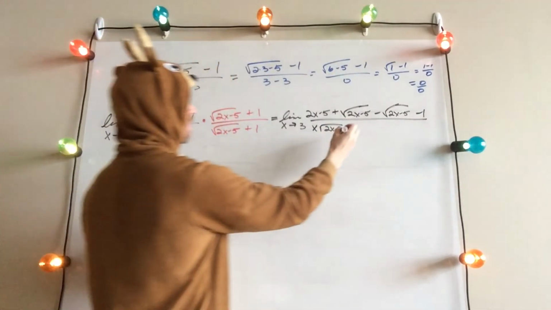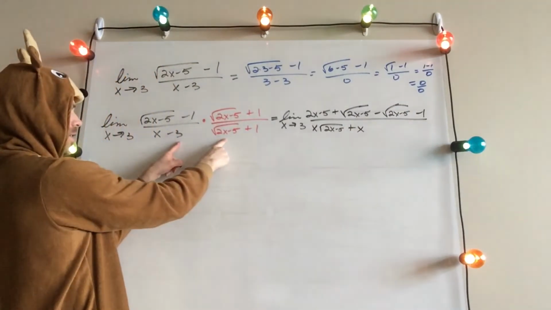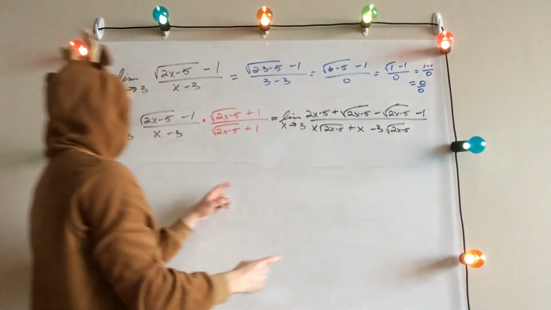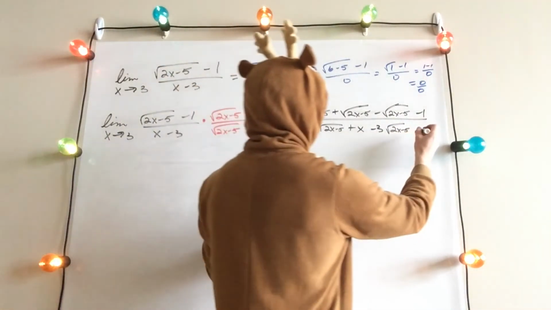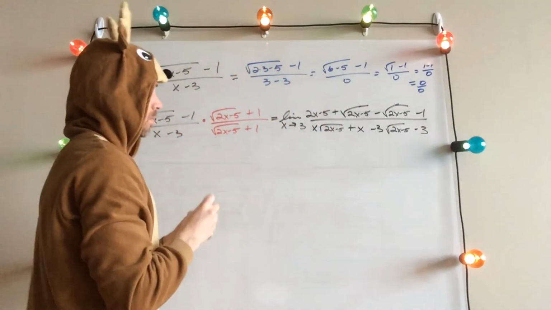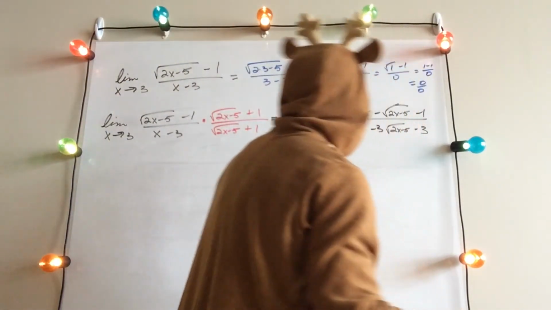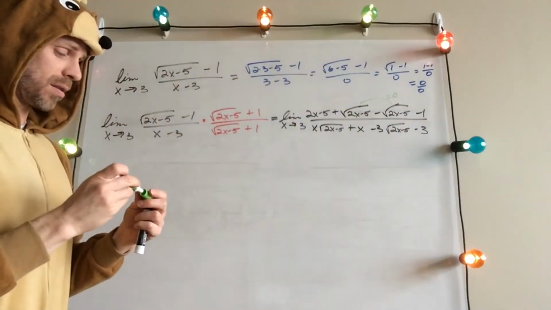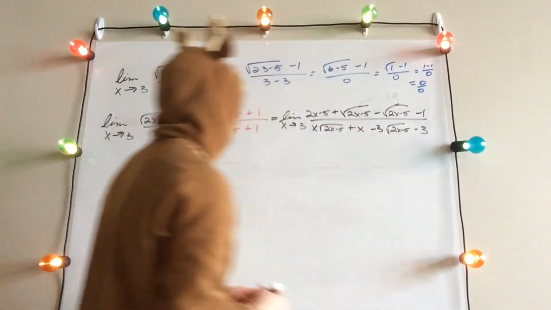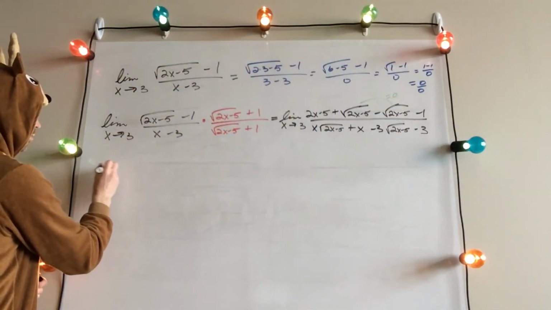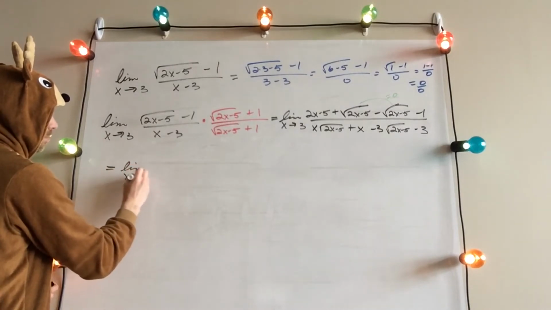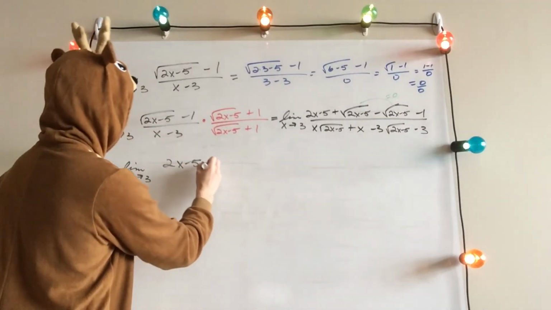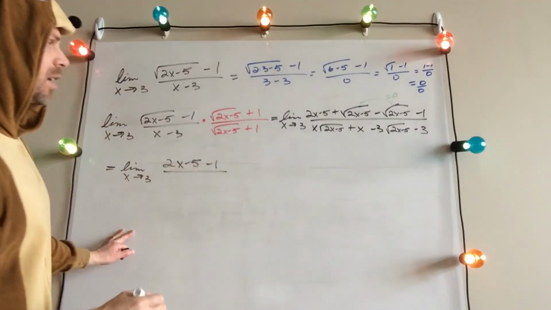Outer, inner, and last. All right, if you take a look at the numerator, those two pieces zero out. So we're left with 2x minus 5 minus 1 in our numerator.